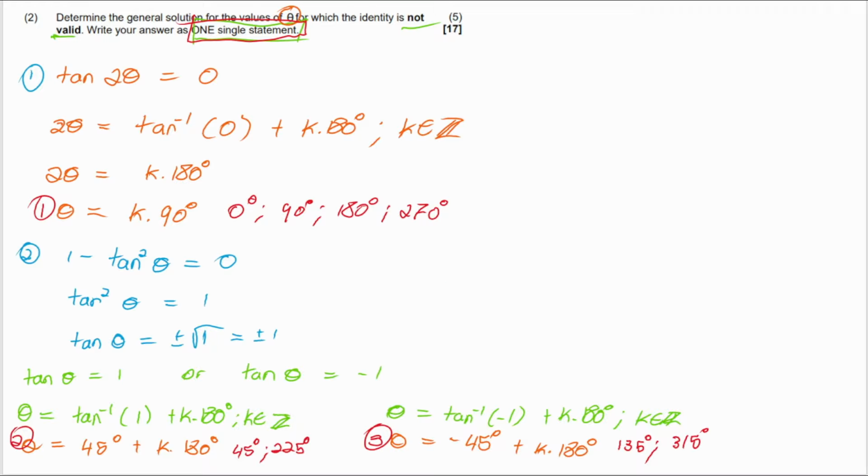Okay, but what you'll notice is if I write all of these solutions in ascending order, I have 0 degrees. I'm not going to put the degree sign now because I'm lazy. 45, 90, what's the next one? 135, 180, 225, etc.